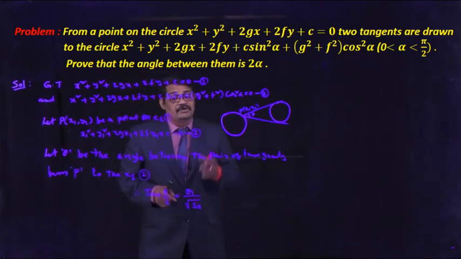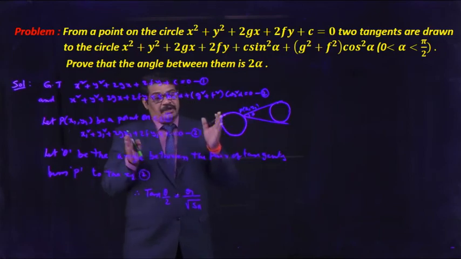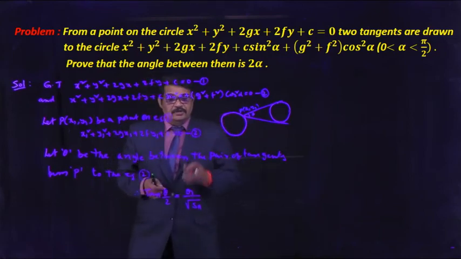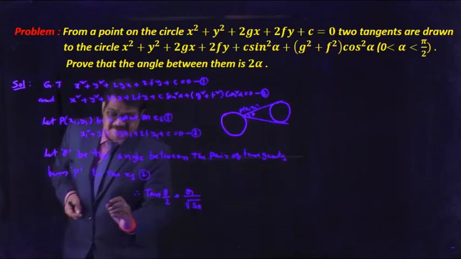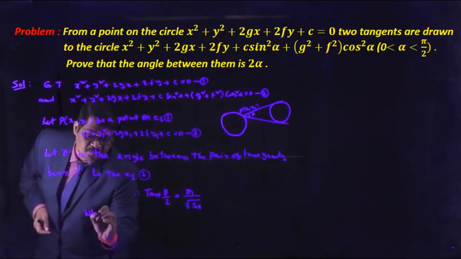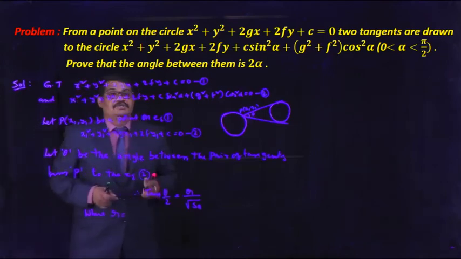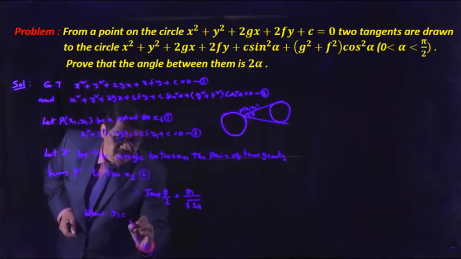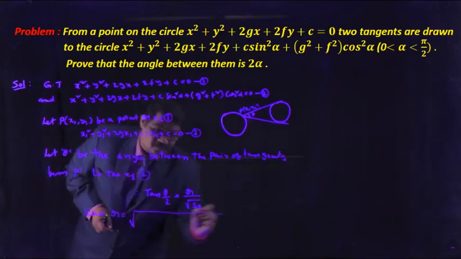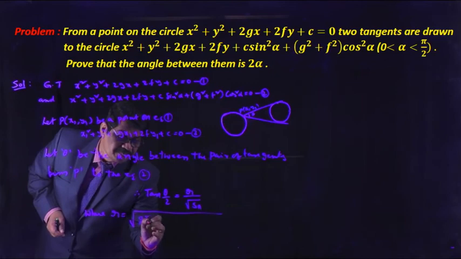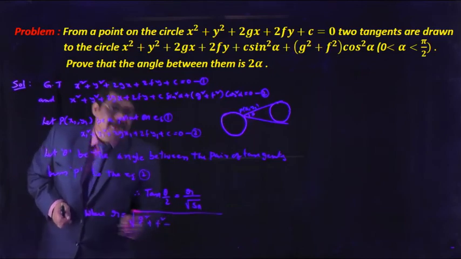That is the formula for finding the angle between the pair of tangents from an external point to the circle, where r is the radius. We have to find the radius of the second circle. What is the second circle radius? That is square root of g square plus f square minus c.